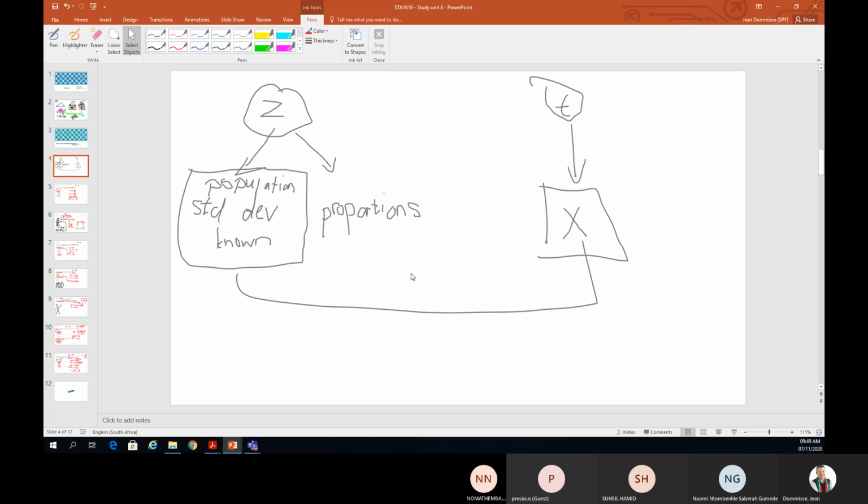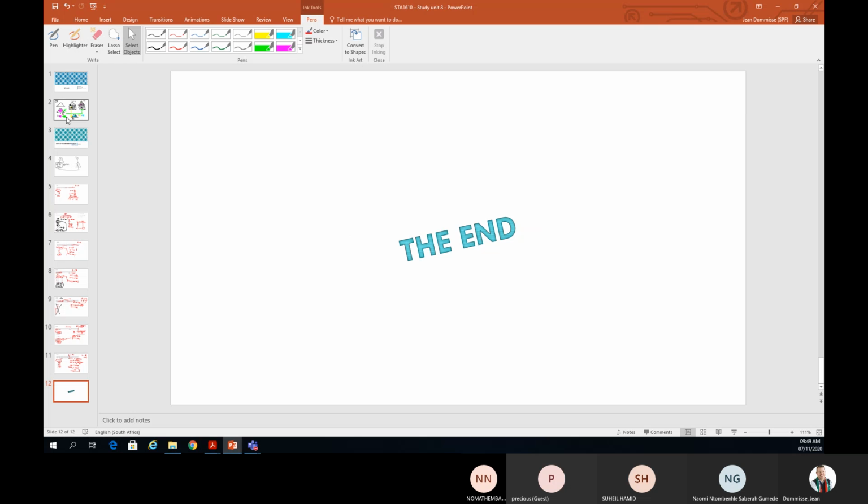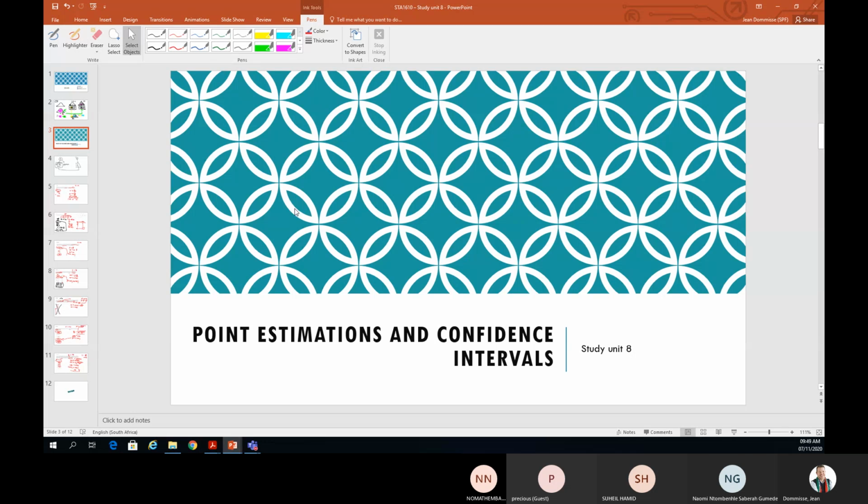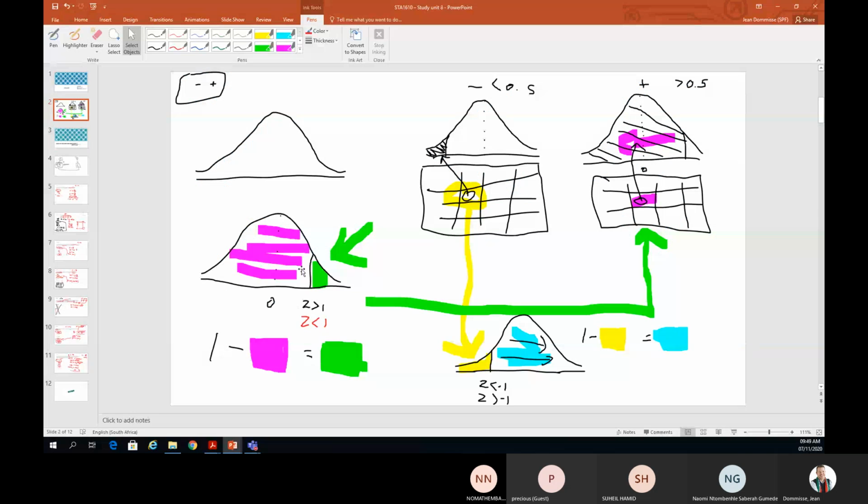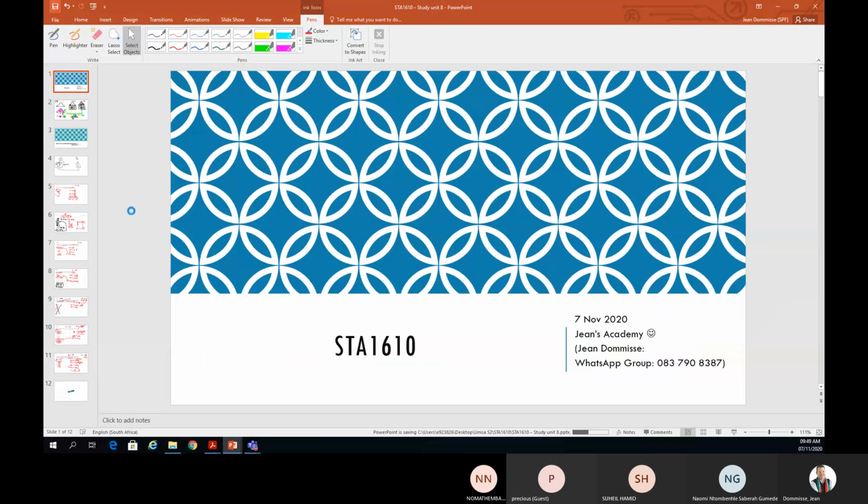Okay, so this is the end of study unit 8. Just again as a recap, we also looked at how to use the tables for the Z, so go back to the earlier part of the recording to find that. Quickly, is everybody okay with study unit 8? Then we can start a bit on study unit 9, and in the next session we'll finish with that as well.